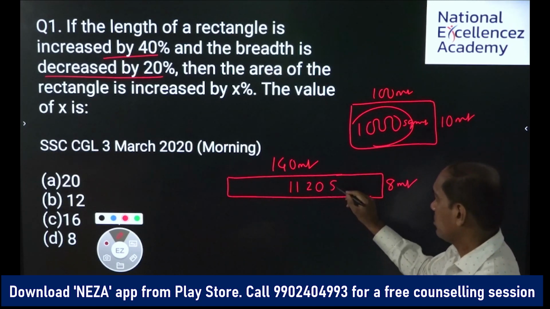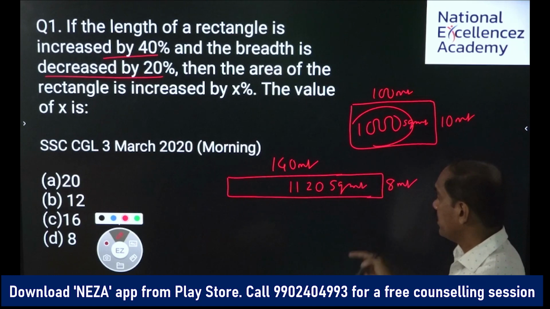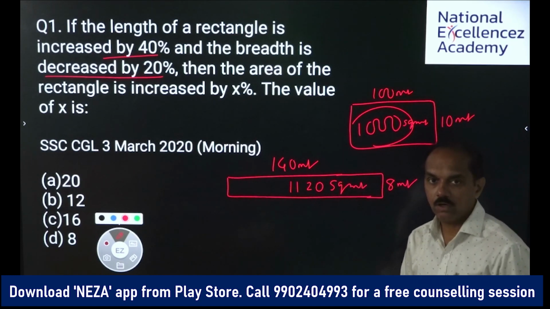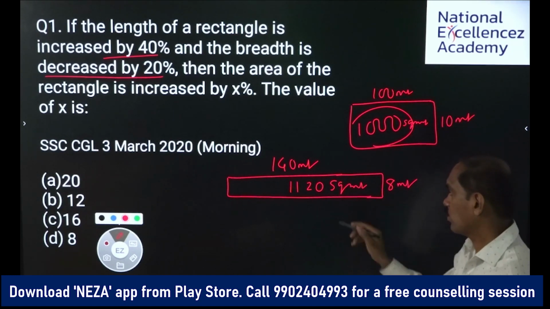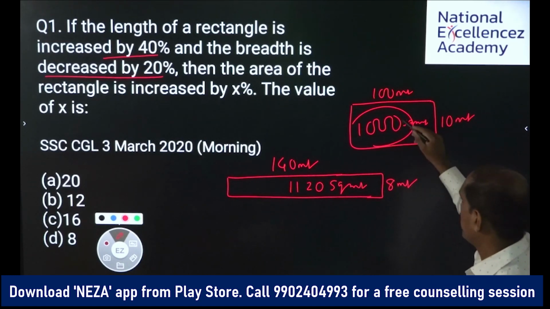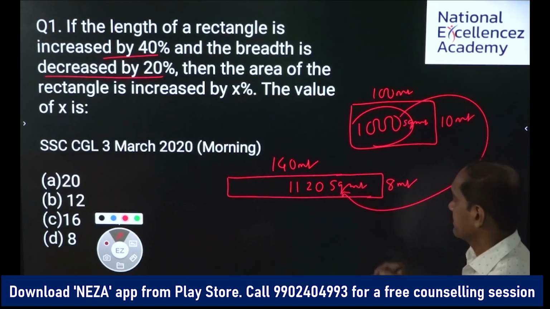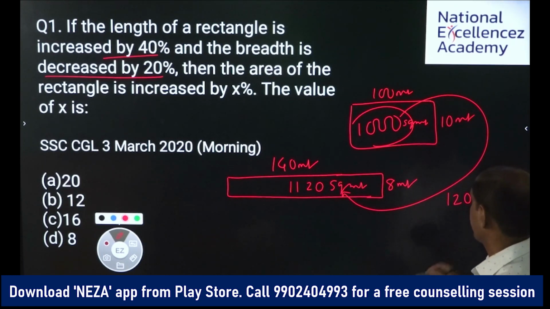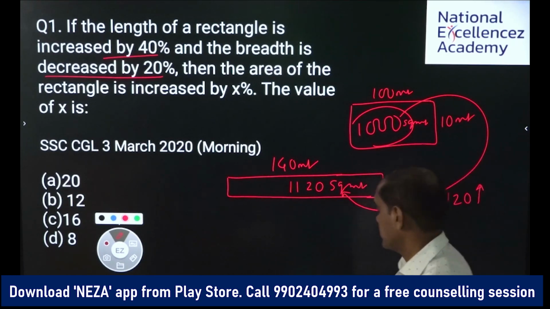Meaning now the new area of the new rectangle is 1120. Earlier it was 1000. Now it is 1120. The rise is 120.